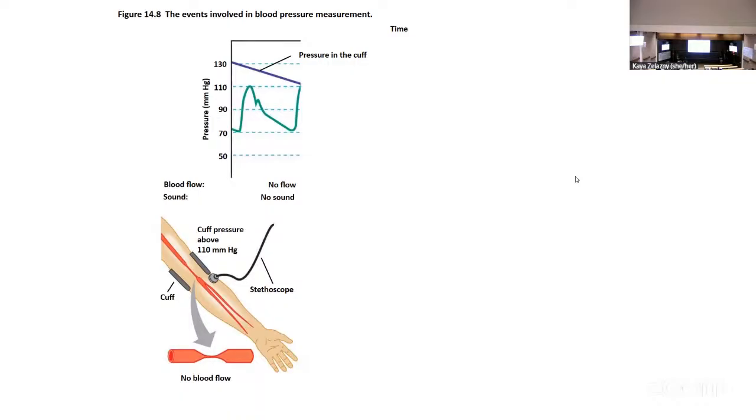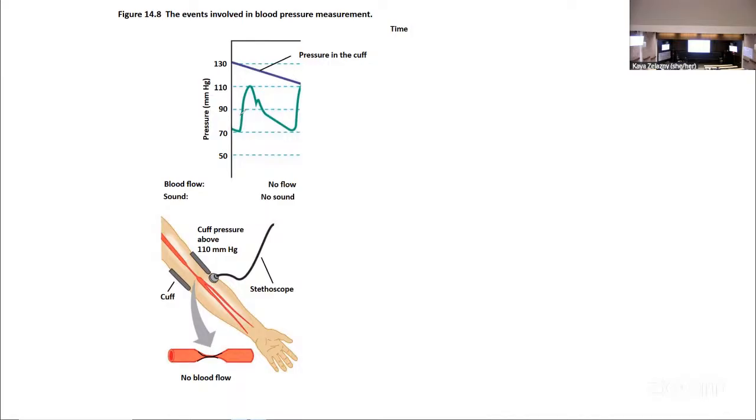When we start out, we have squeezed down that blood pressure cuff enough that we squeezed down the artery. So we compressed it so there's no blood flow through our artery here. So we could record our pressure in our cuff up here. So we're seeing that we're easing off the pressure because we're going to try to figure out where we intersect with the actual blood pressure, but we're not there yet when we start out.